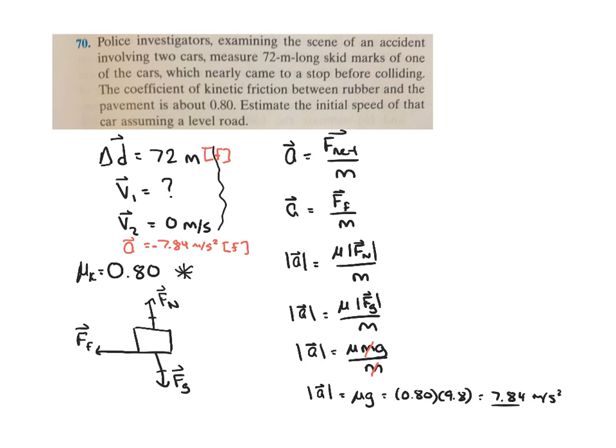Okay, so now I search for the formula that relates all those variables. You can look on the formula sheet. But there's the formula that relates all those. The V2 is 0 because it's coming to a stop. So I'm solving for V1. So I can start by subtracting 2AD both sides and then square rooting.